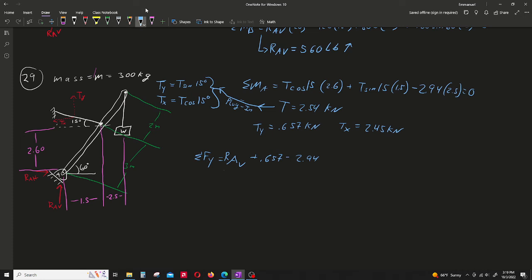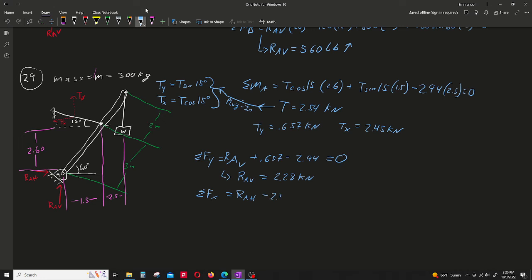And so therefore, solving for R, again, this is going to equilibrium, set to 0. Solving for RAV, you get 2.28 kilonewtons.